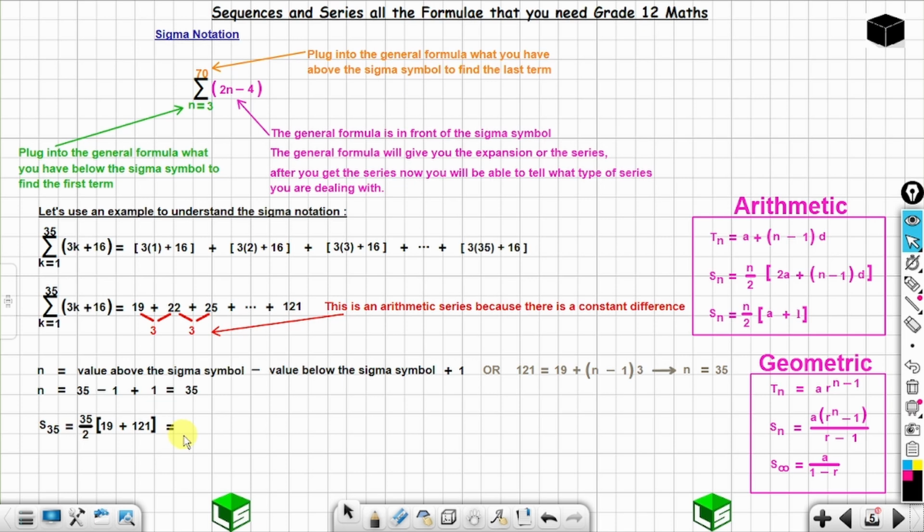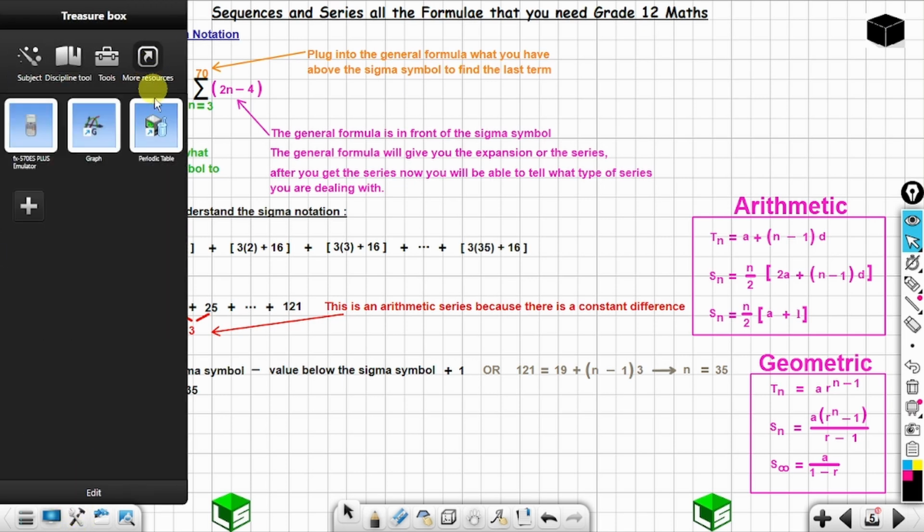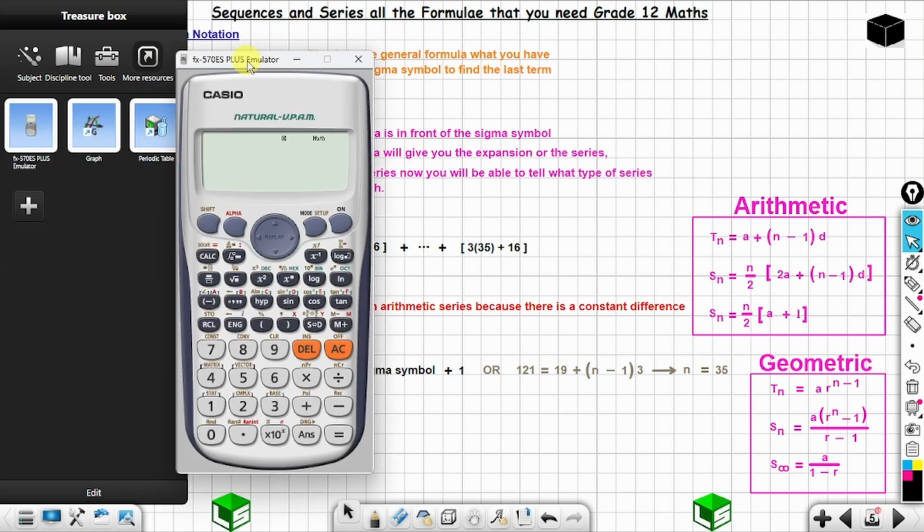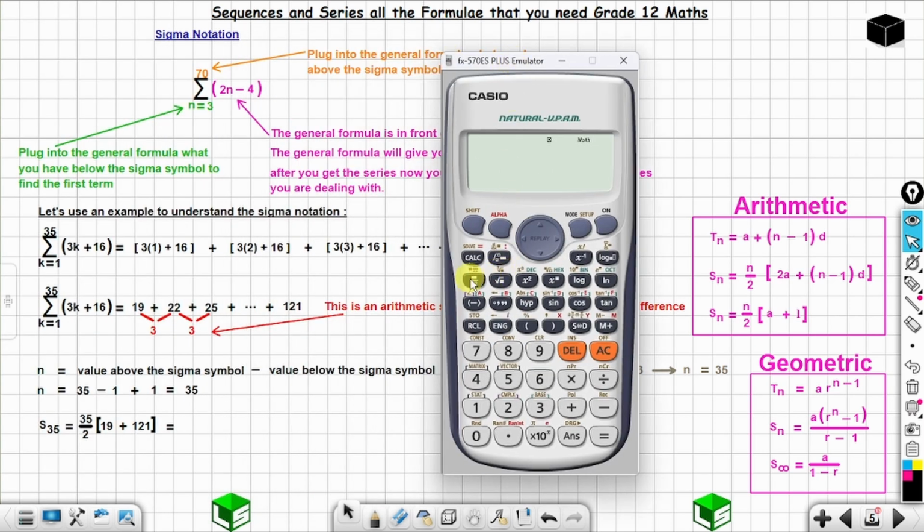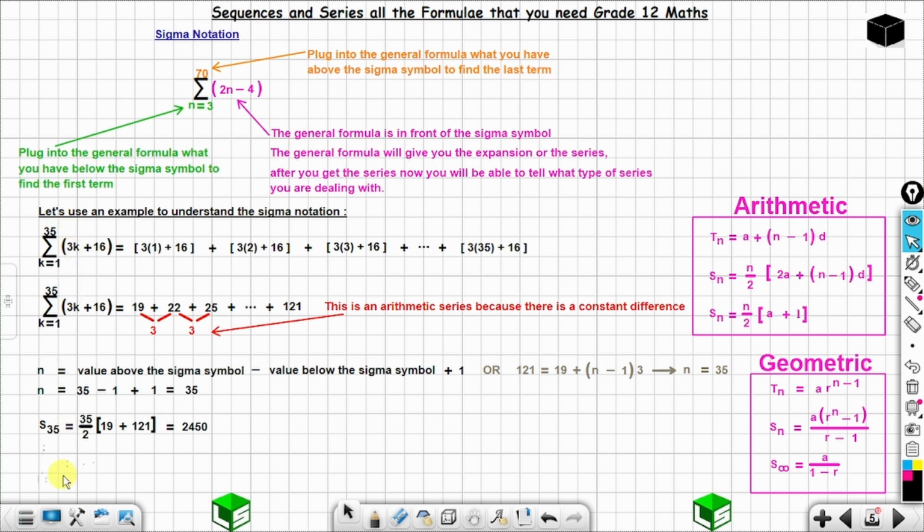So this is equal to, you can use your calculator. So this notation is equal to this. We are done.